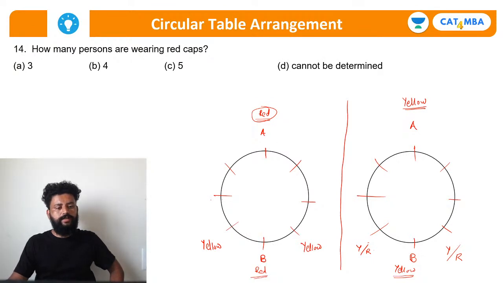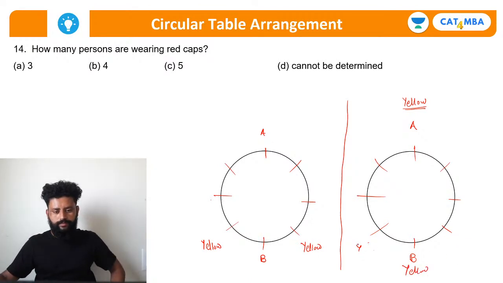ए इज नॉट रेड एंड बी इज नॉट रेड. दैट मीन्स ए एंड बी बोथ आर येलो. This is what we understood.